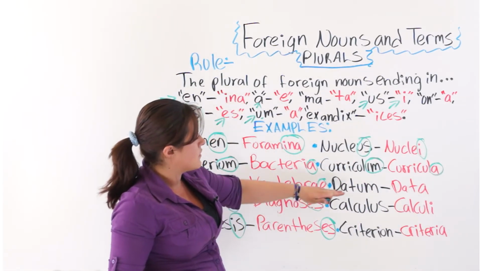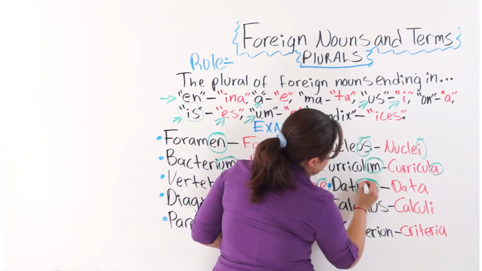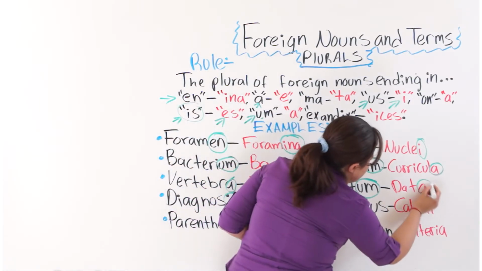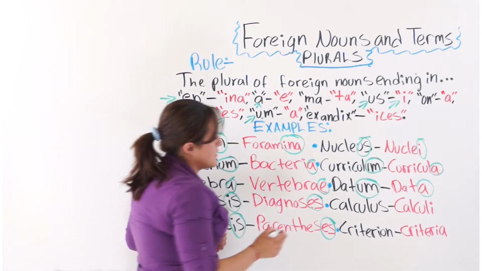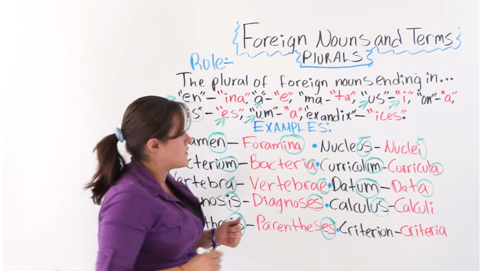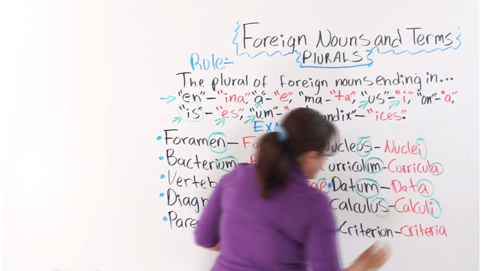All right? The next one is datum. I did the same thing with it. I took away the um and I added an a. Datum, data. The next one is calculus. So you replace the us with an i according to the rule.